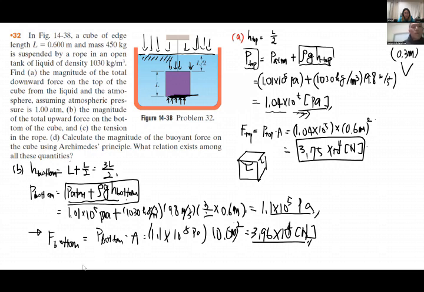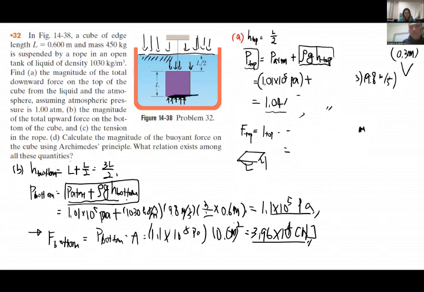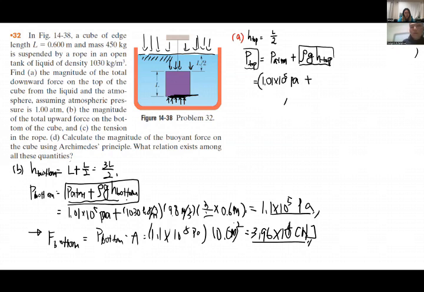As you remember, buoyant force is the difference between the forces on the two faces of the object inside the water. So let me delete some of this writing and quickly give you a whole picture of the force dynamics.